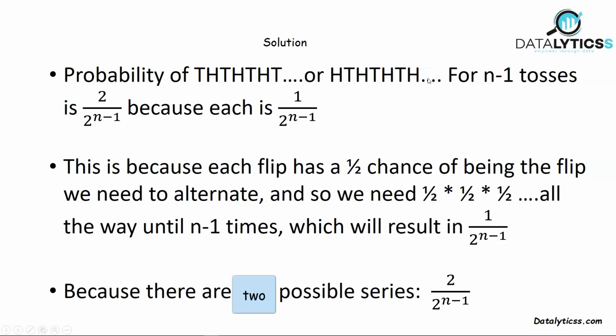So for n minus 1 tosses, it is 2 over 2 to the power of n minus 1, because in one series, either tail head tail or head tail head, the probability is 1 over 2 to the power of n minus 1.